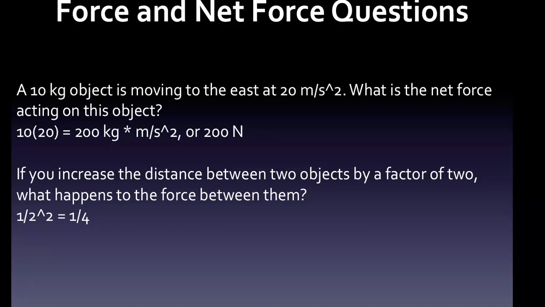So if you increase the distance by a factor of 2, that's doubling the distance, then the force is the inverse of 2 squared. So 2 or 2 over 1, and then we flip it. The inverse is 1/2, squared. And 1/2 squared is 1/2 times 1/2, which equals 1/4, or a quarter. That's how you do that type of problem.